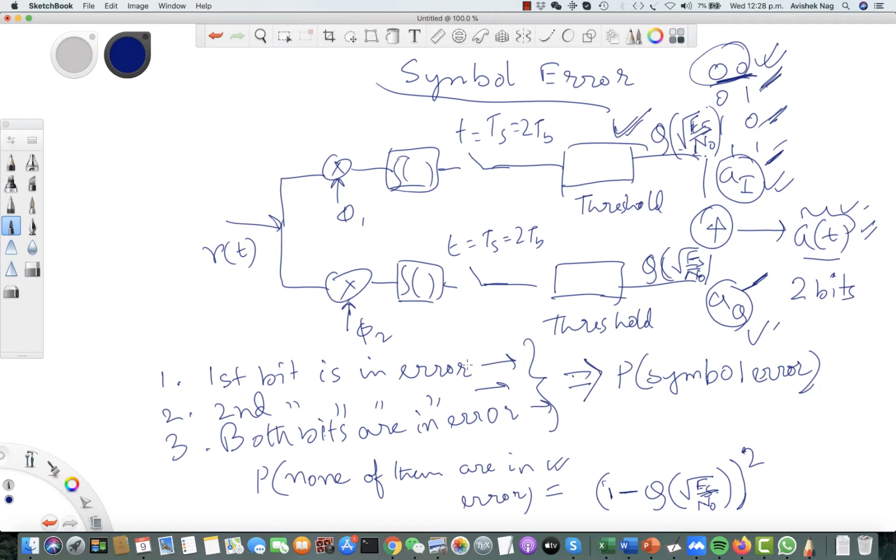Probability that first bit is in error, second bit is in error, both bits are in error, and that is basically equal to 1 minus the probability that none of them are in error. So 1 minus this term.